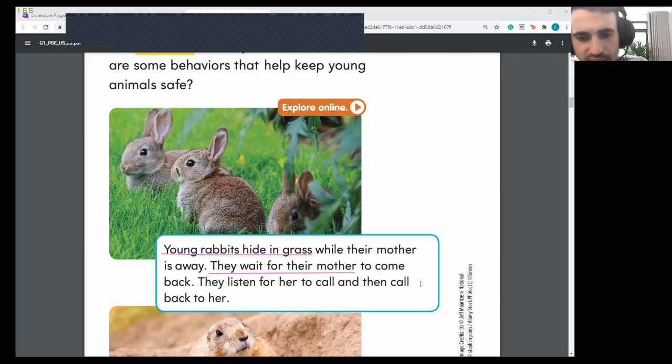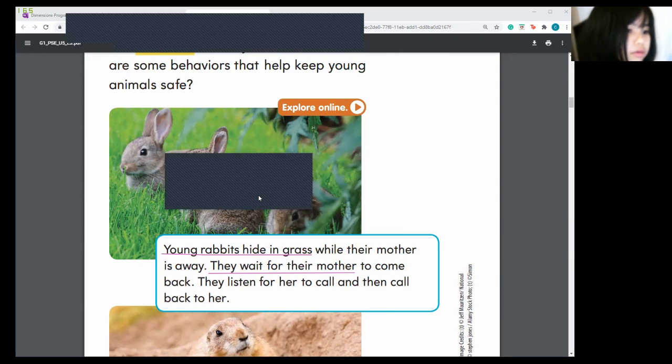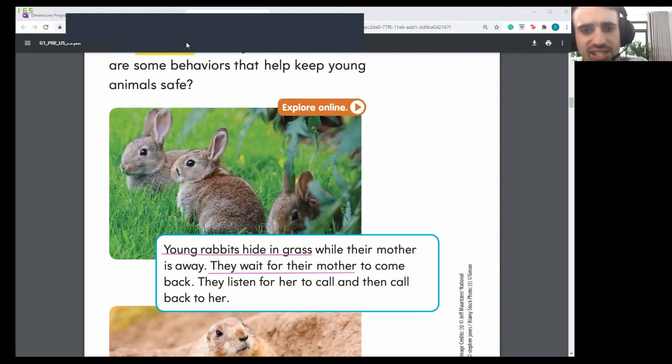They listen for her to call and then call back to her. Haifeng found the last two. Good job, Haifeng. They listen for her. That's another behavior. And they call back to her. When they hear her, they call back to her.